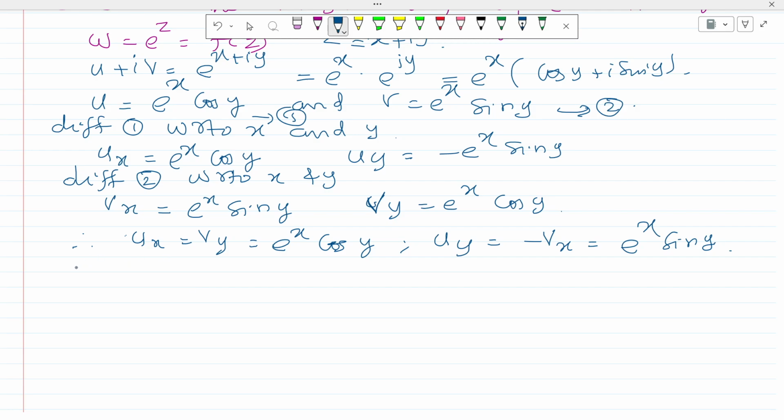Hence verified CR equations. Therefore, W equal to e power z is analytic.